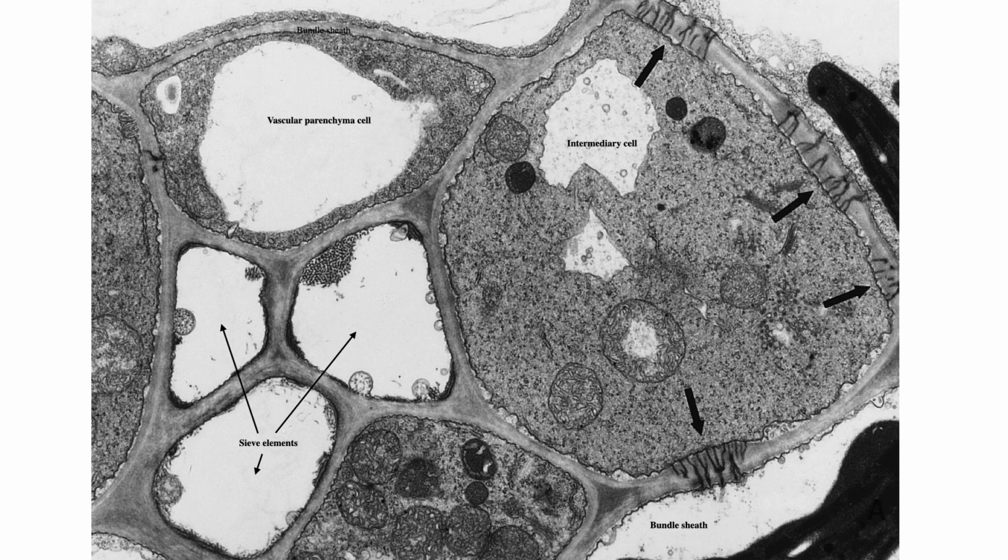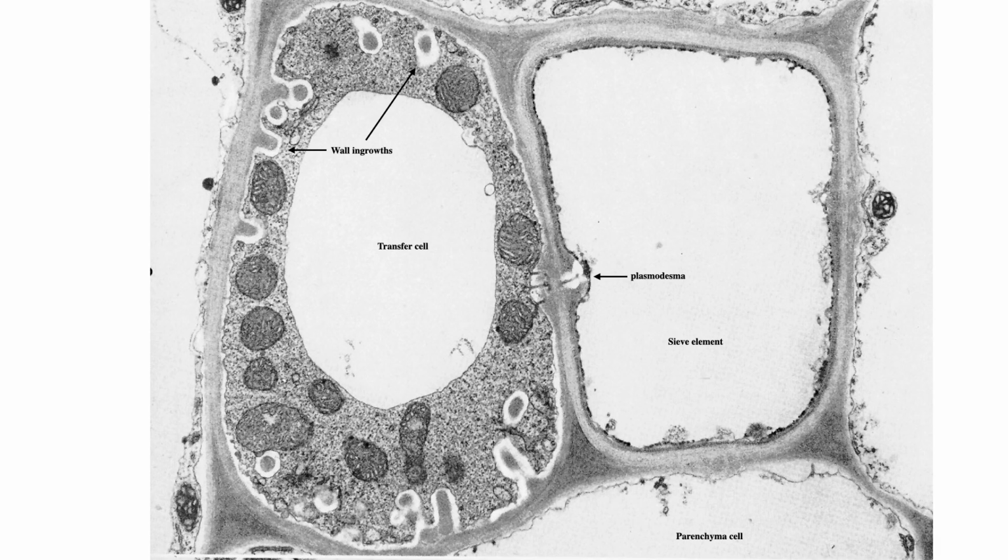So in this figure, again, you can see the 3 sieve elements with an adjacent intermediary cell, and you can see where the arrows are pointing to plasmodesmatal connections with the surrounding bundle sheath. This is for important transport processes that go on between the bundle sheath and the intermediary cells.